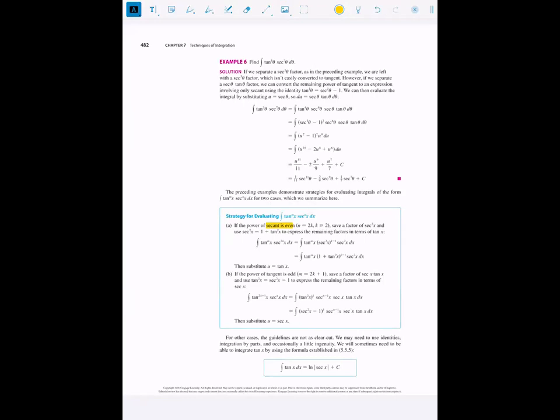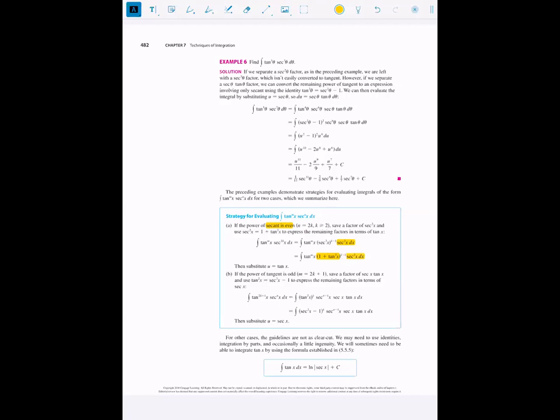You're going to separate a secant squared, and that way you can use the identity that secant squared is 1 plus tan squared. And you can now let u equal tan x. Du will be secant squared x dx in this case. So that's if the power of secant is even.